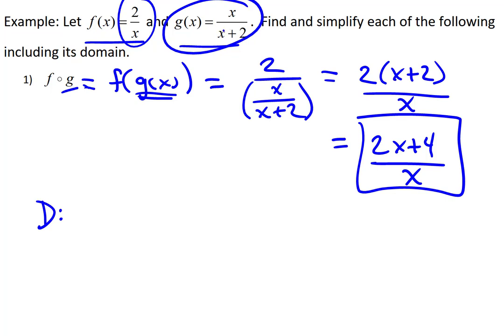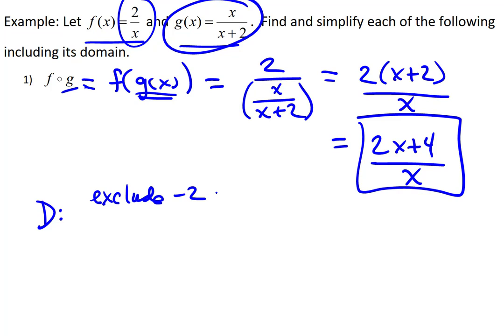Well, if x is negative 2, that's a problem because it would be dividing by 0, which means the domain of g is everything not including negative 2. So let's start making a list for our overall domain. We have to exclude negative 2 because the g function, the inner function, would not pick it up.